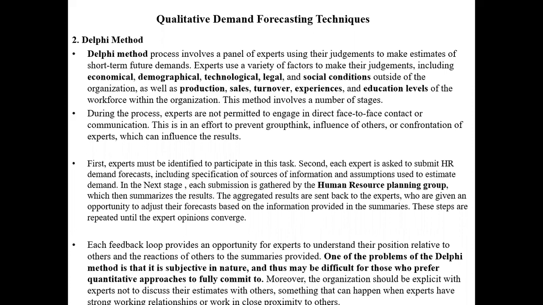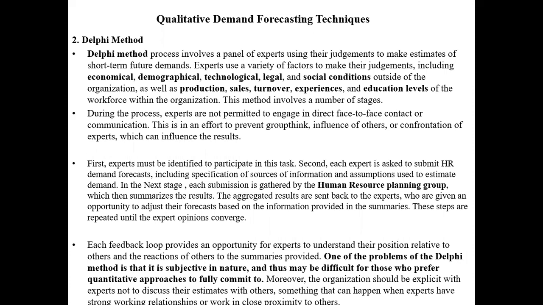So essentially, the panel of experts are taking into consideration factors of the business environment, which include the internal and external environments. And during this process, the experts are not permitted to engage in direct face-to-face contact or communication.